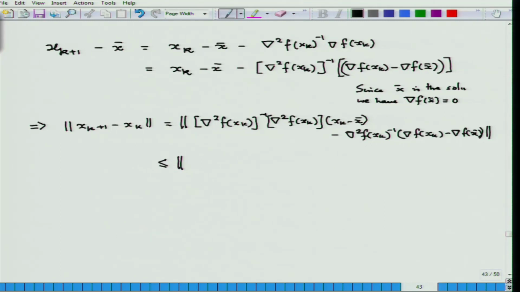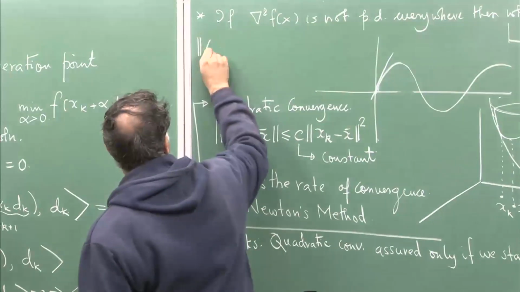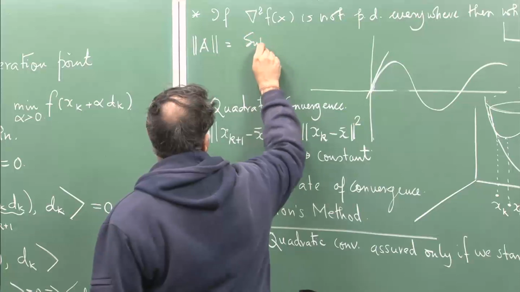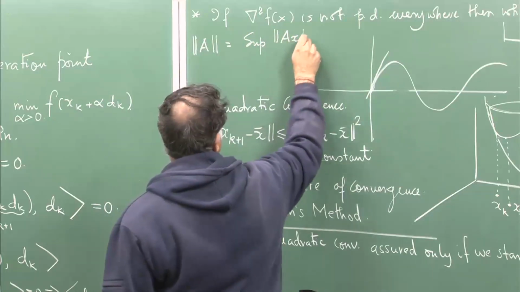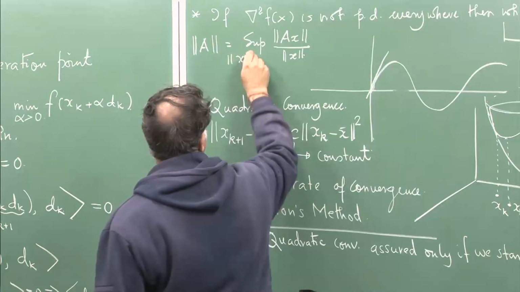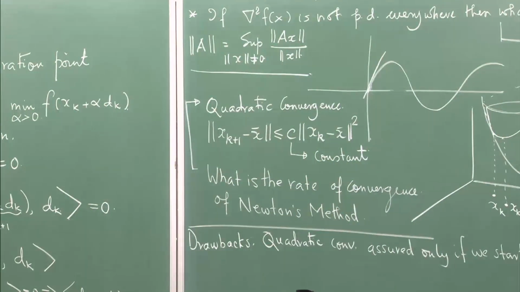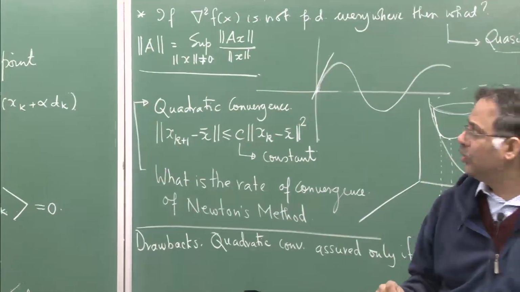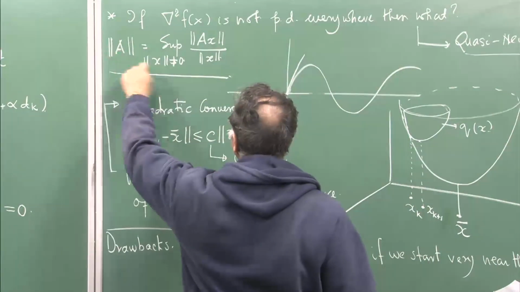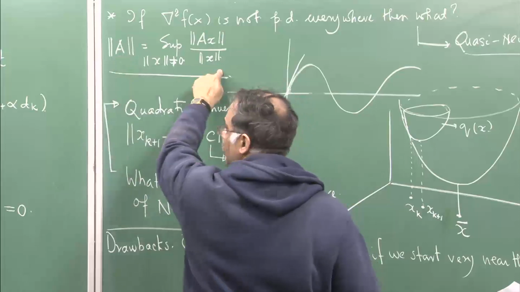Just I would like to tell you that the norm of a matrix, the operator norm, the norm of a matrix A, symmetric matrix here in fact, is given as supremum of norm of the vector Ax, n cross n matrix, by norm of x, when norm of x is not equal to 0. So, that is called the operator norm of the matrix. So, here we are using the operator norm, and by definition this is a supremum, so each of these is less than or equal to norm of A. So, norm of Ax is less than or equal to norm of A into norm of x.